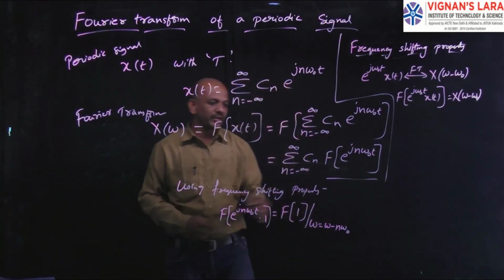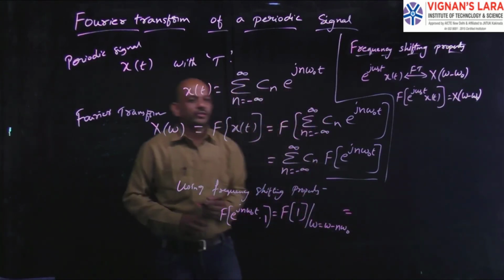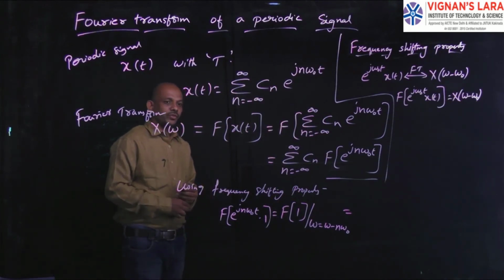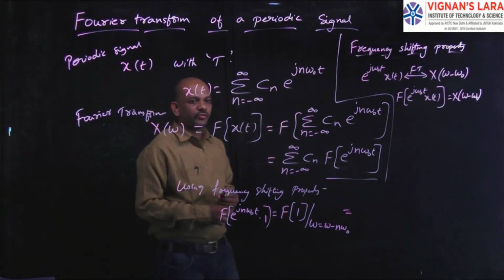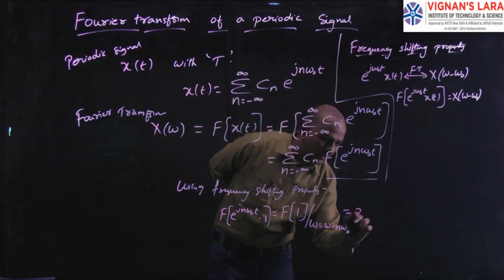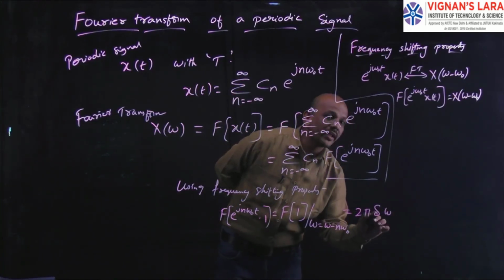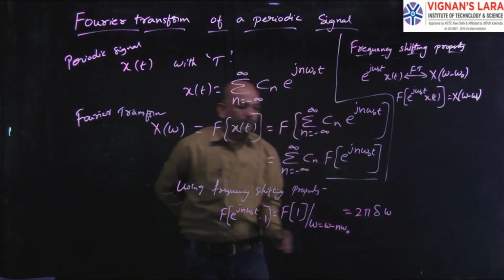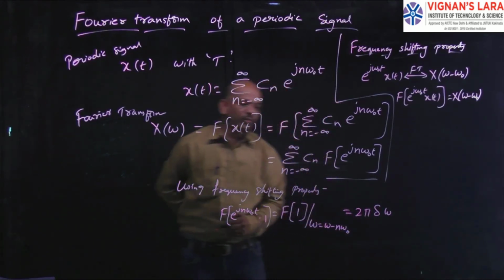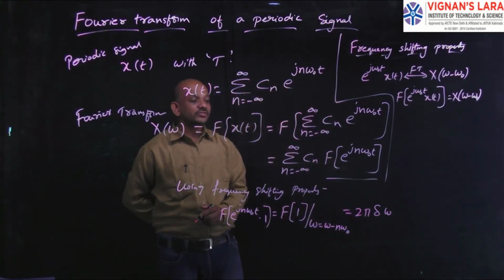So now tell me, what is the Fourier transform of 1? We all know that the Fourier transform of a constant amplitude 1 is 2 pi into del of omega, but in place of omega what should I substitute? Omega minus n omega naught.